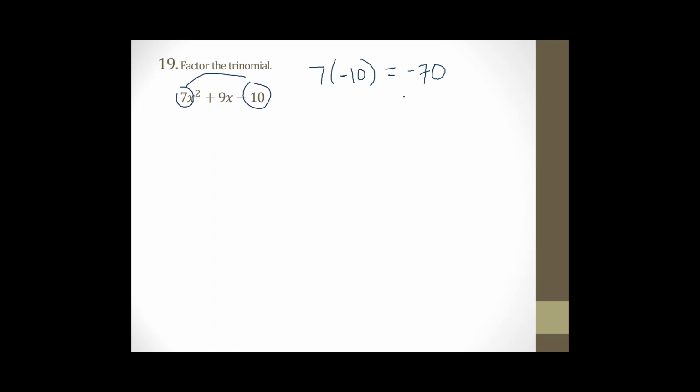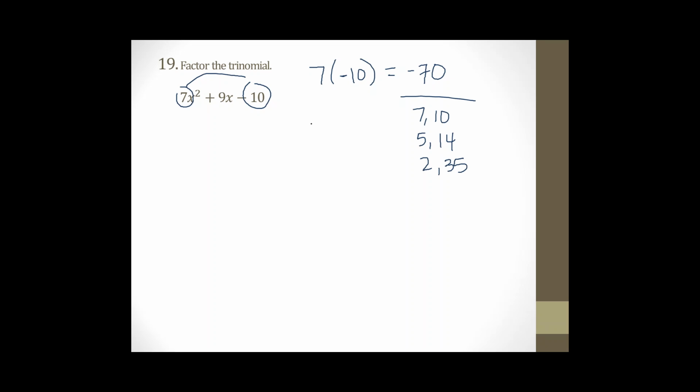So if I list some numbers that multiply to give me 70, I've got 7 times 10, I've got 5 times 14, 2 times 35, a lot of combinations here. It's negative, so I need to have one of these to be negative, and I want to add them together to get 9. So can someone tell me which pair?